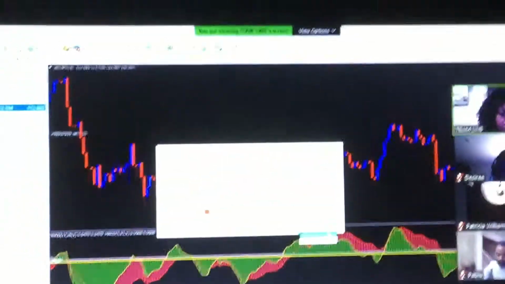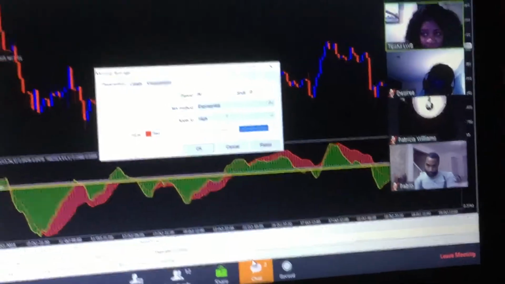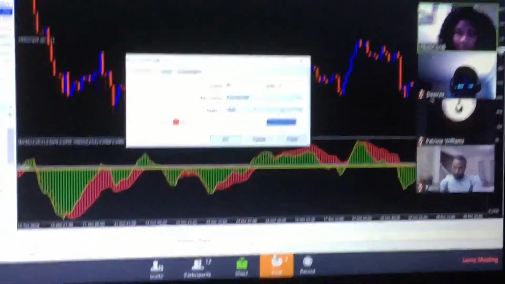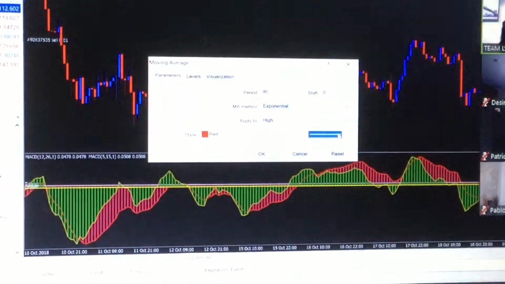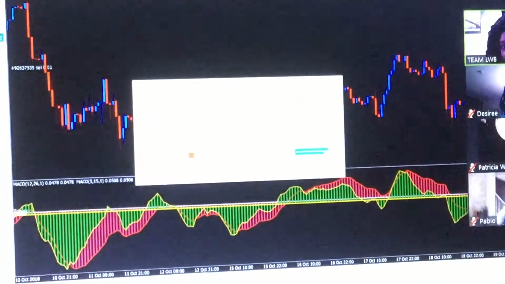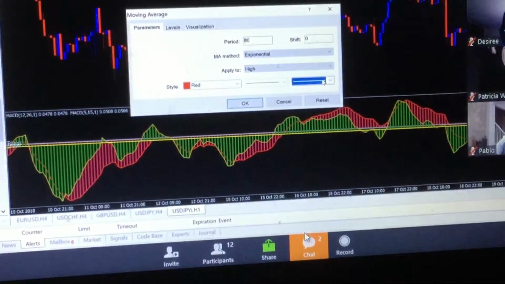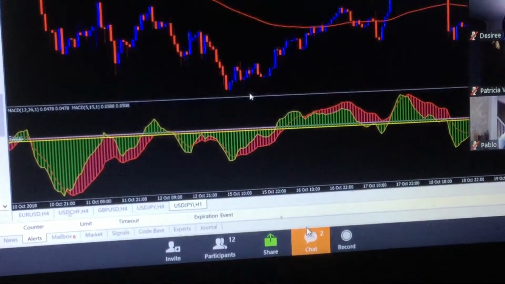The color will be red. I'm going to make it thicker for my viewing. Does everybody see this? 80, exponential, high, red, thick. Does everybody see it? Everybody good? Good. Click OK.